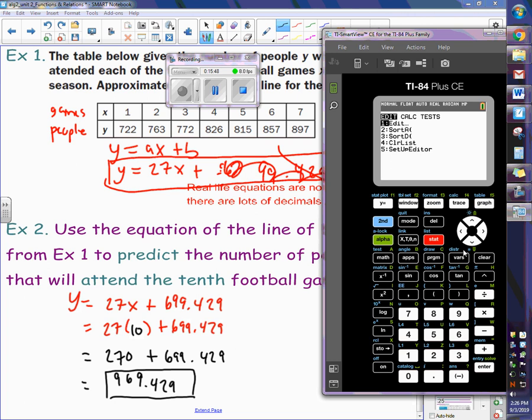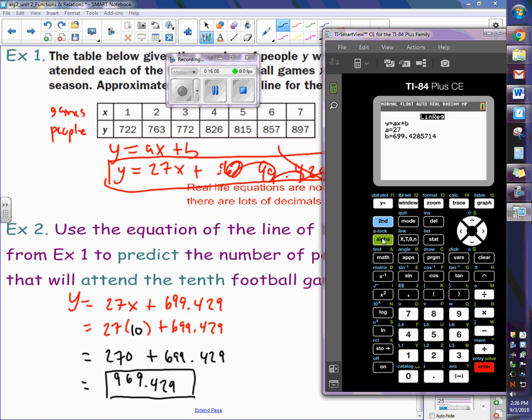Stat, calc, linreg. All right, so again, I was in the process of naming the equation I wanted to store. So alpha trace. We're going to name it Y1. Make sure you do that before you hit calculate, and then you can use this feature.